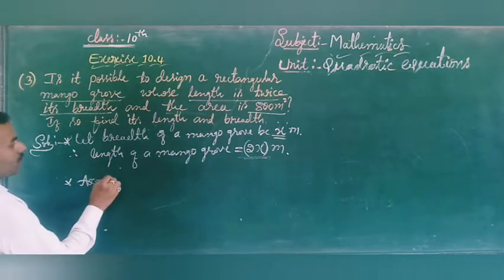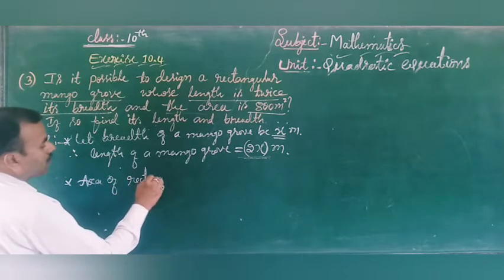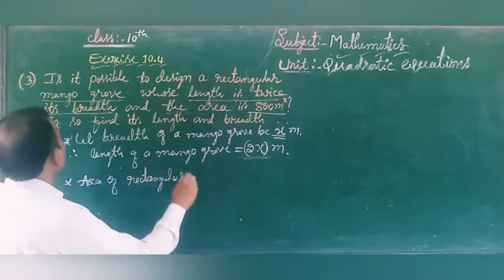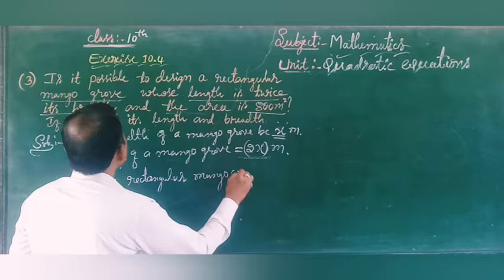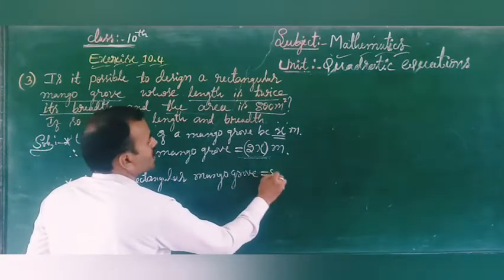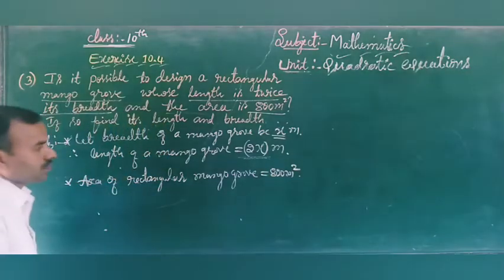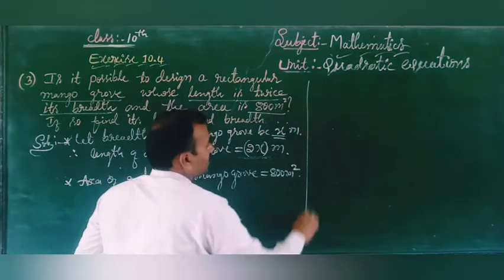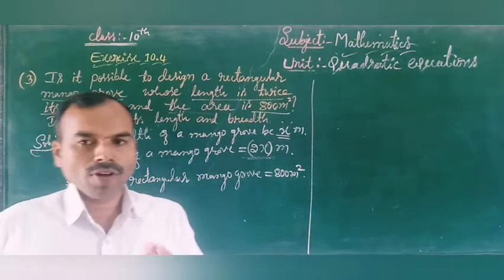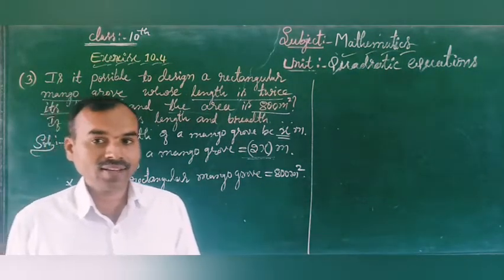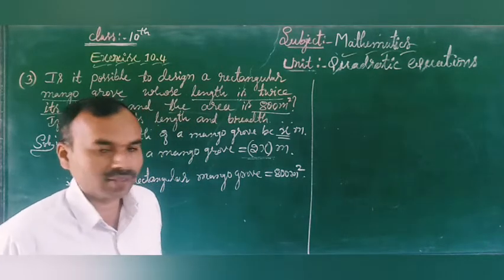Next, the area is given. The area of the rectangular mango grove equals 800 meters squared. Next, we know the formula to find the area of a rectangle is equal to length into breadth.